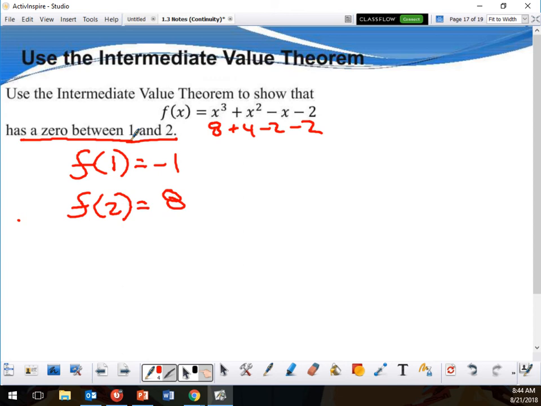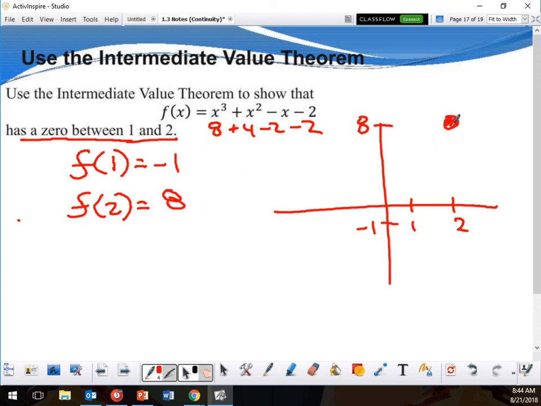Think of a number line. If you're starting at negatives, so here's my graph, and then we are right here. So somewhere, somehow, it had to cross 0, right?